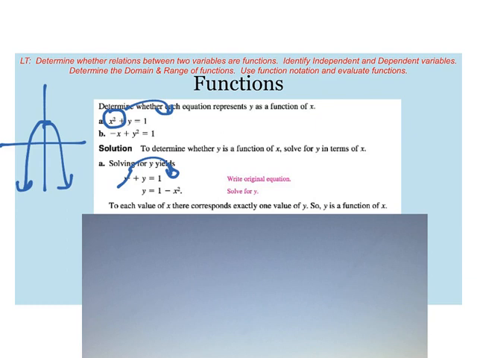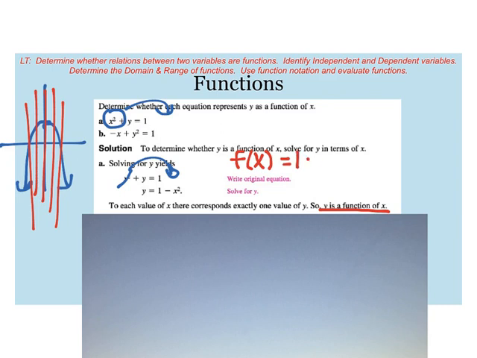I didn't have to plot all the major points, I've just got a good visual and location of it. If I try to drop vertical lines everywhere on this graph, the vertical line only hits the graph once. It passes the vertical line test. So that means that y is a function of x, aka I could rewrite this as f of x equals 1 minus x squared.